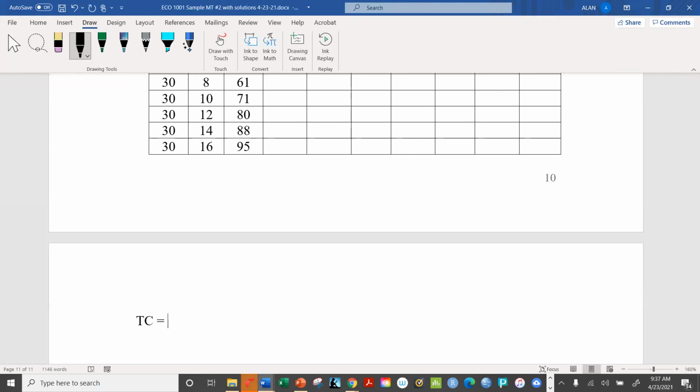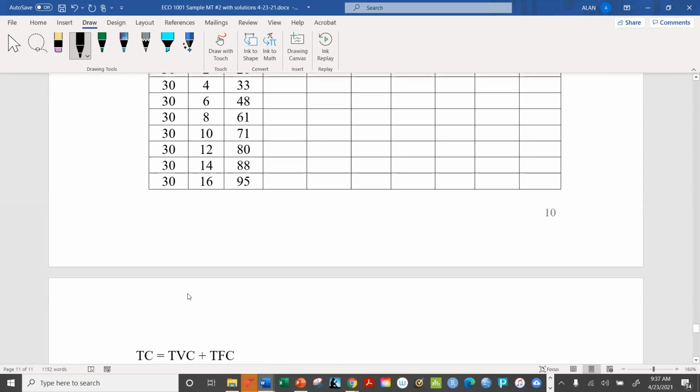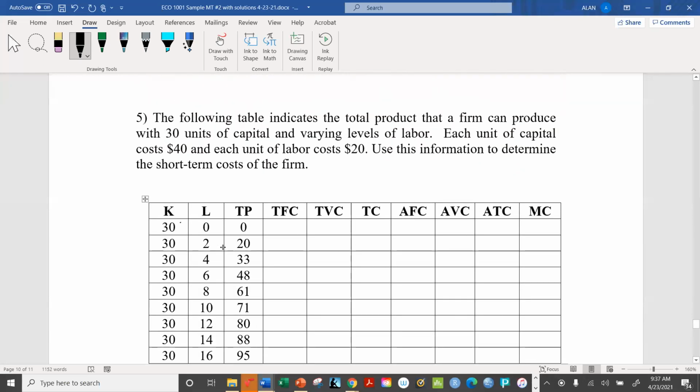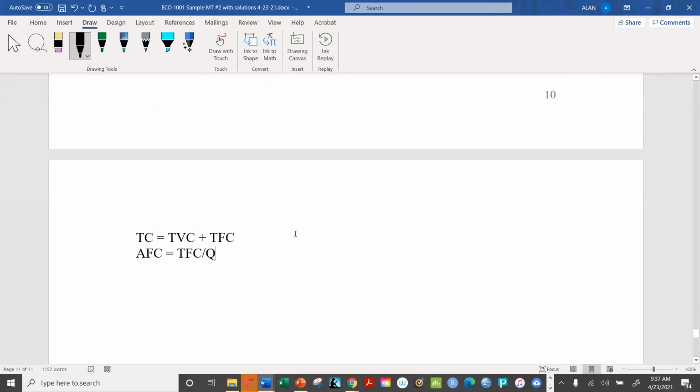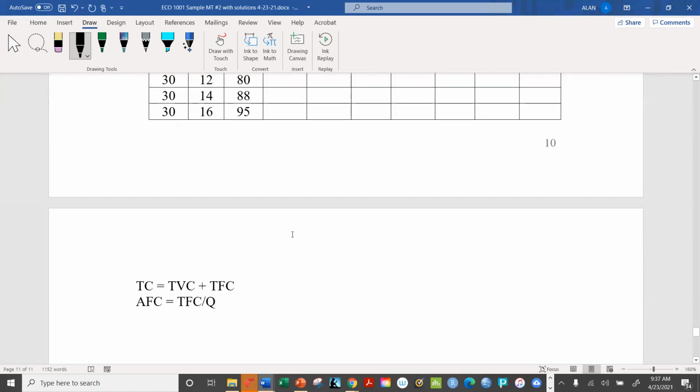Total cost equals total variable plus total fixed cost. Average fixed cost is total fixed cost over Q. In this case, we're calling it TP. Total product and Q mean the same thing. I just want to point that out. So let's put TP here.